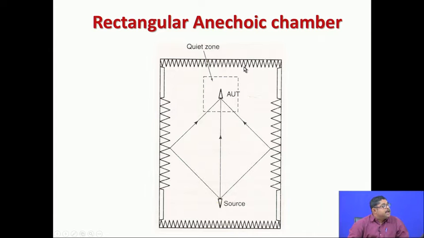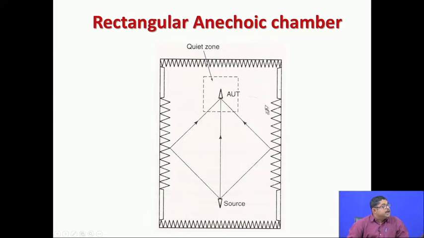Now, these absorbers are RF absorbers, they are quite costly, and their size is important. They work on the principle that they absorb the wave and do not reflect at all, and outside there is a metallic enclosure so that nothing comes in from outside. The source is usually a wideband source, such as a TEM horn, which is a typical source for UWB applications.